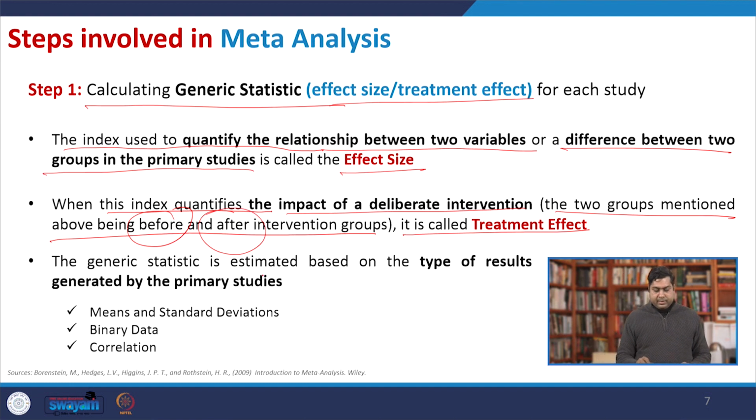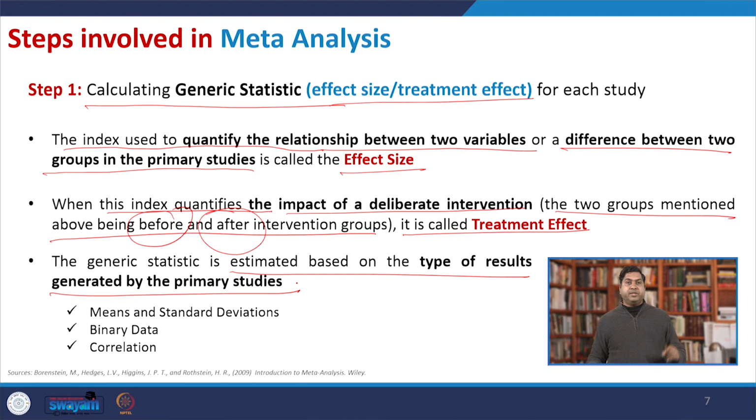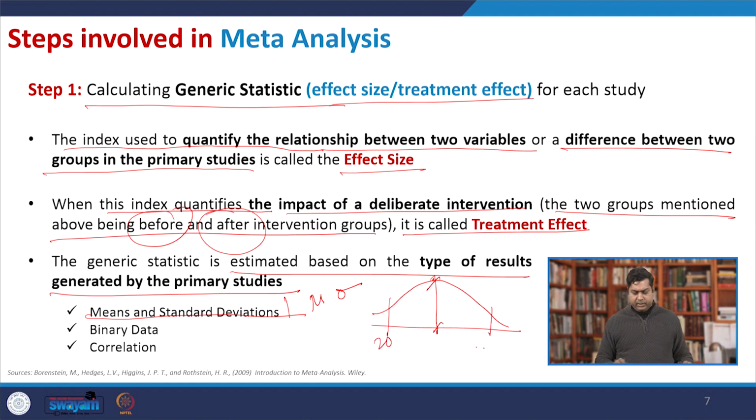The generic statistics is estimated based on the type of result generated by primary studies. So, generic statistics may not be the same for all the studies. Say for example, we can have studies reporting mean and standard deviation, right. So, mean and standard deviation, what exactly is it? If we consider some data distributed normally, we will have a larger share at the mean value, say for example, this is the lower value, say this is 20 and this is 80 and this is 50.